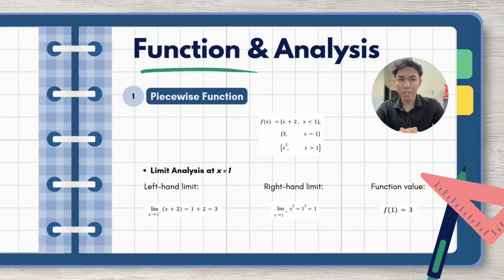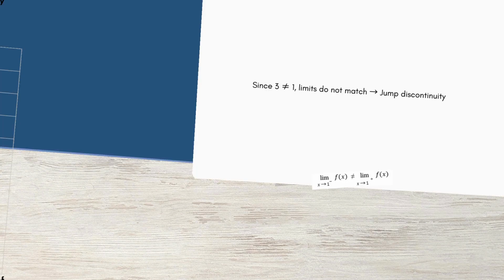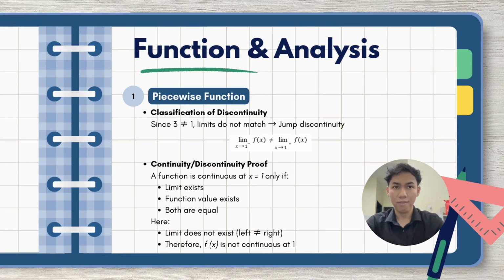For the right hand limit, the limit of x squared, we substitute 1 into x, so we get 1. For the classification of discontinuity, since 3 is not equal to 1, the limits do not match, so it is a jump discontinuity. Which is, the limit as x approaches 1 from the left of f(x) is not equal to the limit as x approaches 1 from the right of f(x).